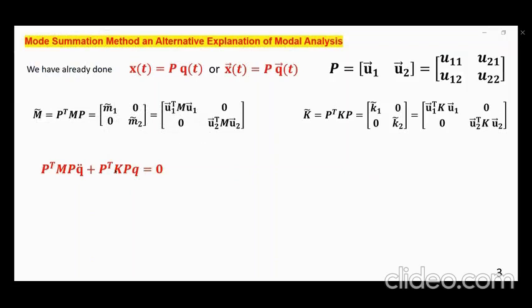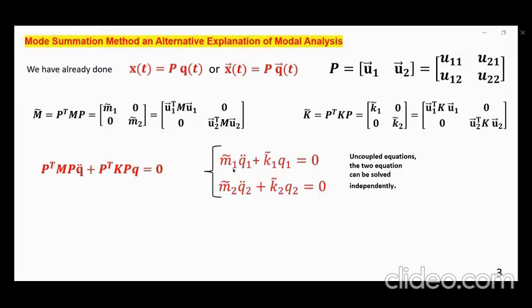This is a diagonal matrix, which is given here. So actually, if you write it line by line, you're going to get two decoupled equations. The top equation has nothing to do with the second equation, and the second one has nothing to do with the top one. Essentially, these are single degree of freedom systems which resulted from this transformation from the modal matrix.